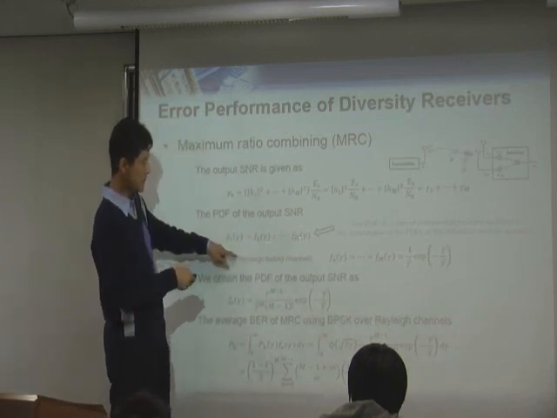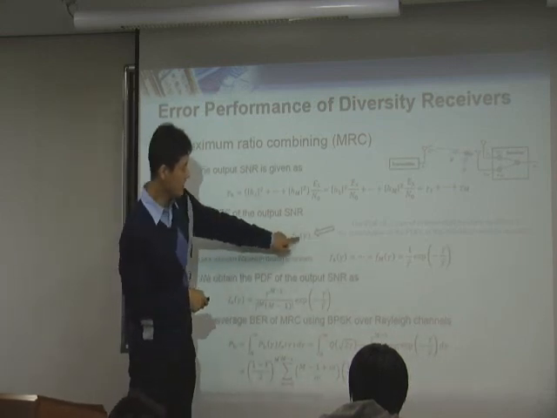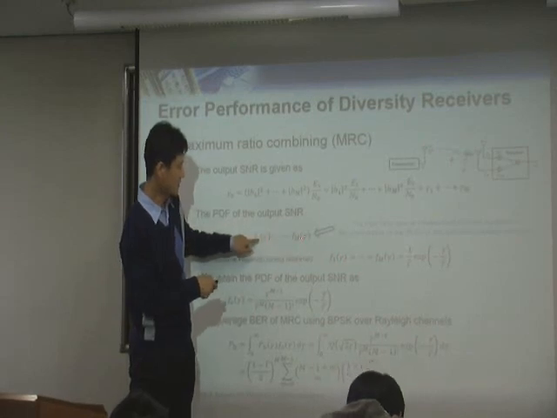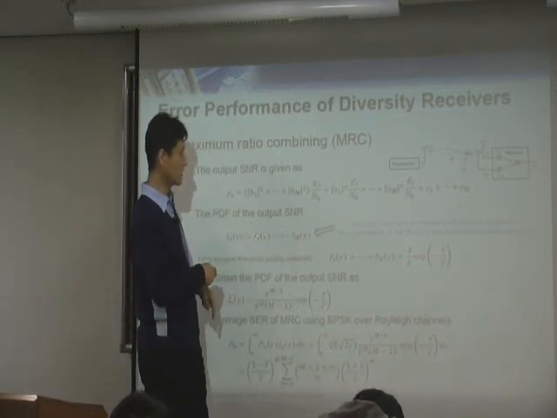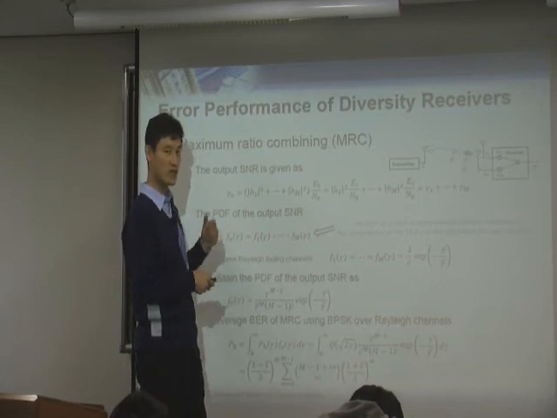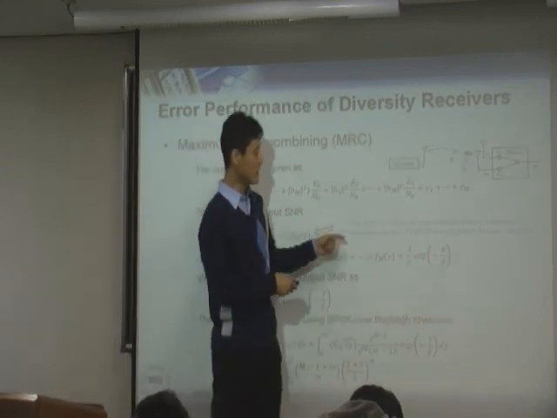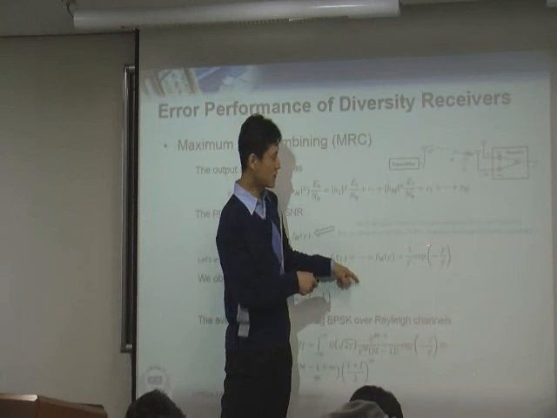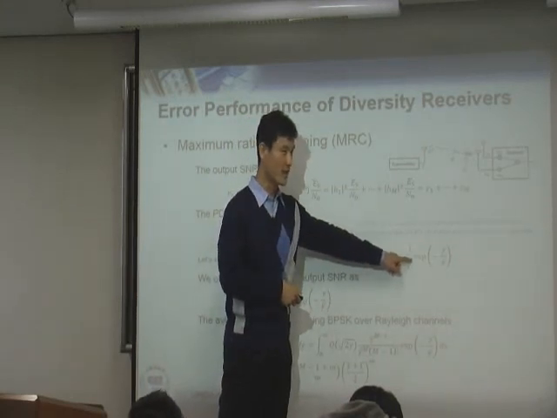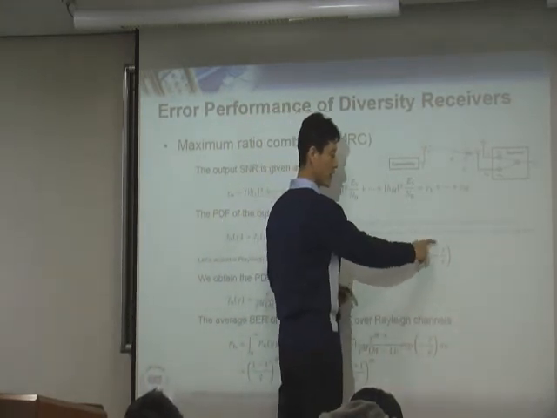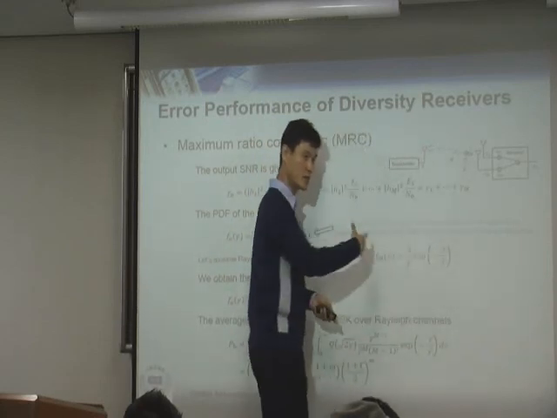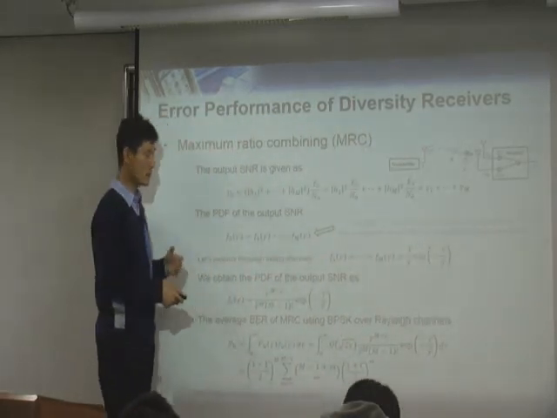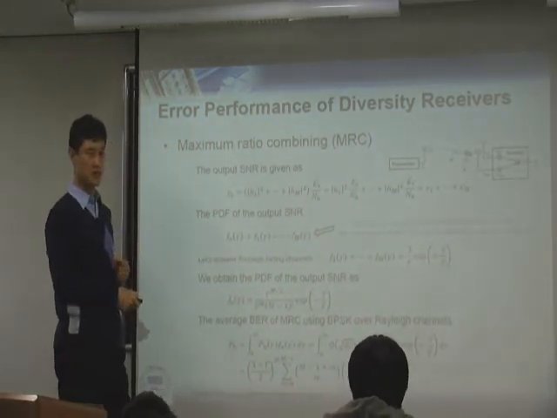But in this case, I assume the same PDF for everyone. So in order to calculate this convolution, what I need to do is find the Laplace transform for one, and then I take the product m times. I just raise it to the power of m, right? That's what I did. Well, that's much simpler, right?